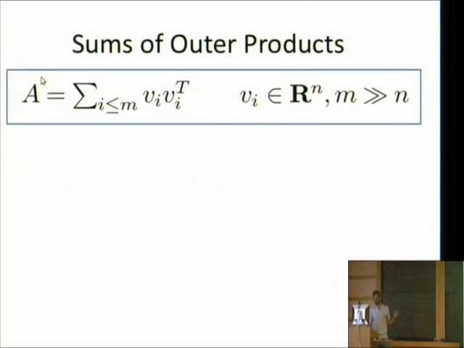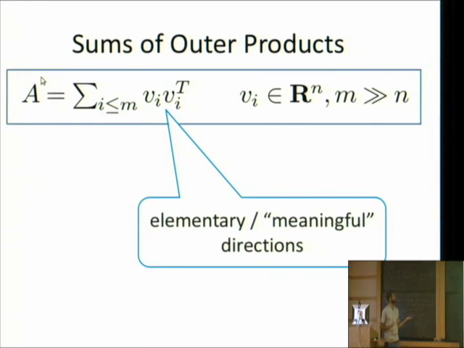So I'm going to be interested mostly in this presentation of the matrix. Often a matrix A appears as a sum of outer products. If the matrix A is of rank n, the number of outer products m may be much greater than n. And often there's a natural choice of outer products in which to represent this matrix A, depending on the combinatorial, geometric, or probabilistic, or whatever origin of the matrix.